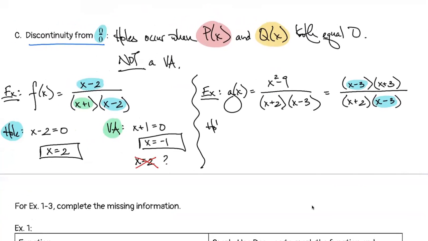That tells us that there's going to be a hole at x minus 3 equals 0, which is just at x equals 3, right? Okay. Where, my friends, are my vertical asymptotes?